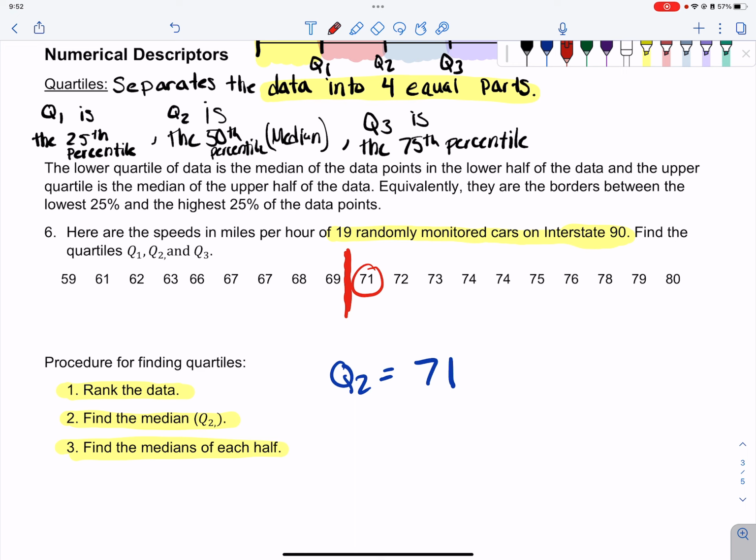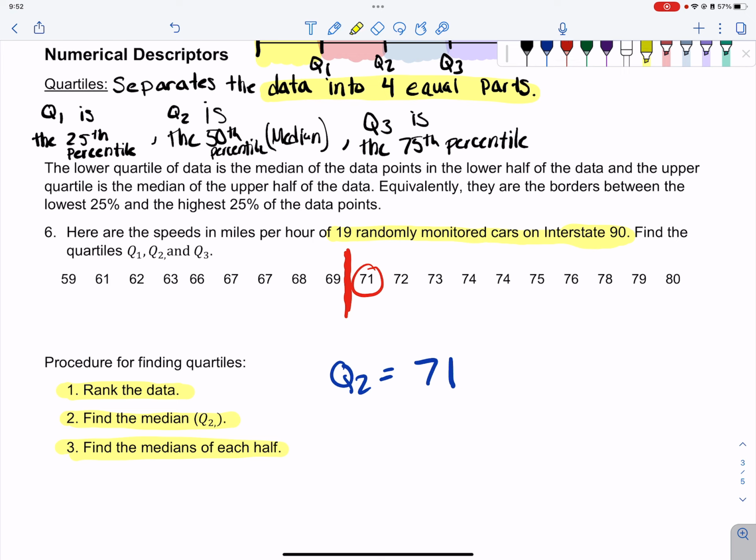One thing to note is that when you have an even amount of numbers and you have to add the 2 middle numbers together and divide by 2, those numbers that you used are still going to be less than your median, so you would include them in finding Q1 or Q3. But in this case, I don't want to include 71 because that's not less than my median, that's equal to my median.